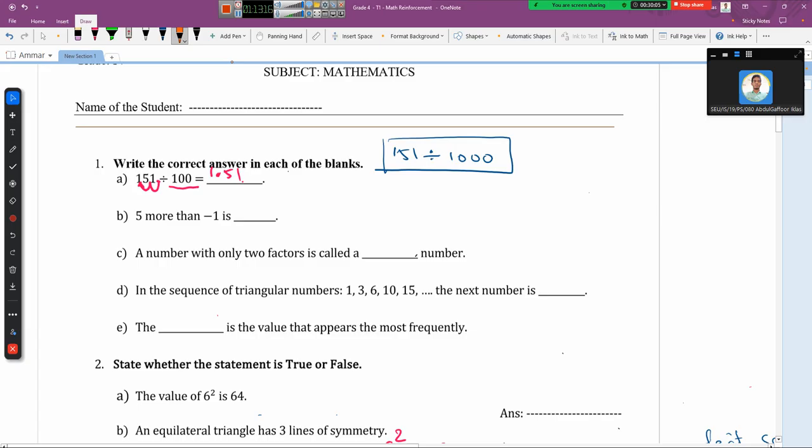You have to be quickly able to tell me. Sir, it's 151. Is that 151?